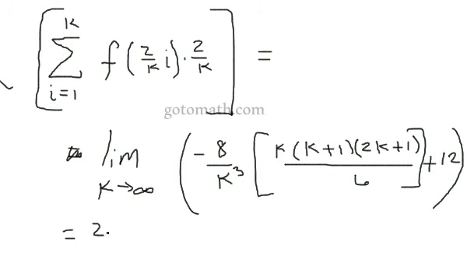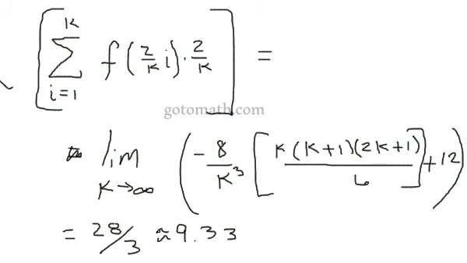When you get this all worked out, this should equal 28 over 3, which is approximately 9.33.